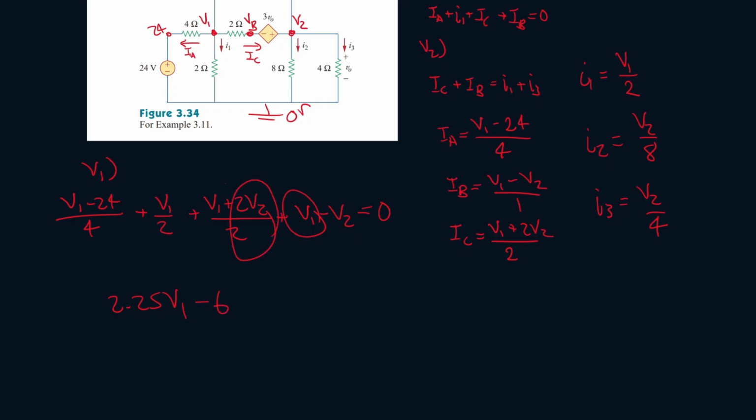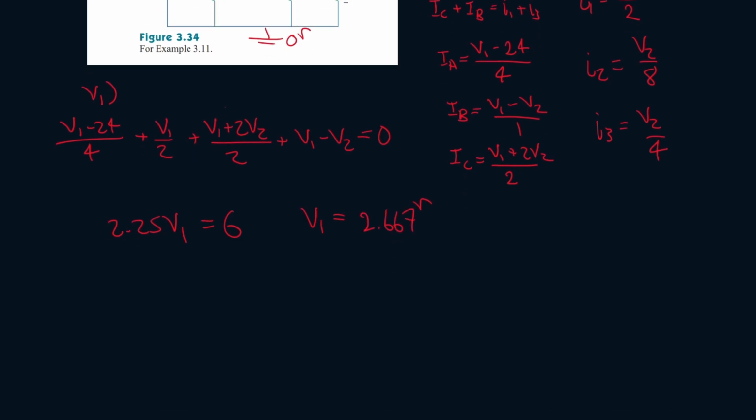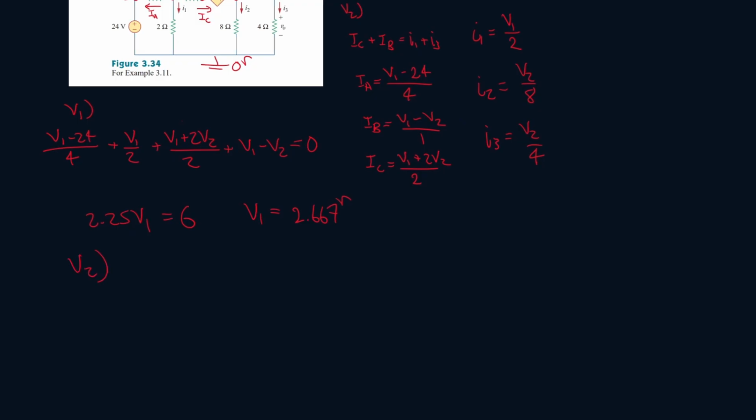And then we have 2 V2 over 2 minus V2, and 2 V2 over 2, that's just V2, and minus V2, that's just 0. So we have this equation, and let's bring the 6 to the other side. So this is equal to 6. Now we can already solve for V1. V1 will equal 2.667 volts.